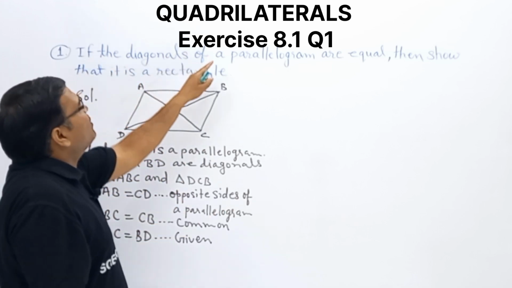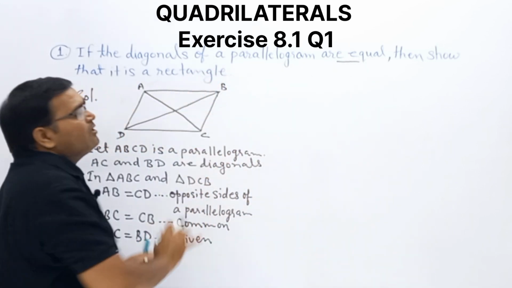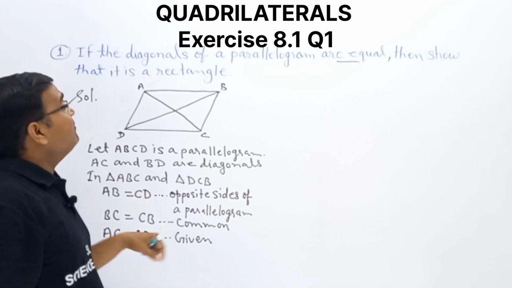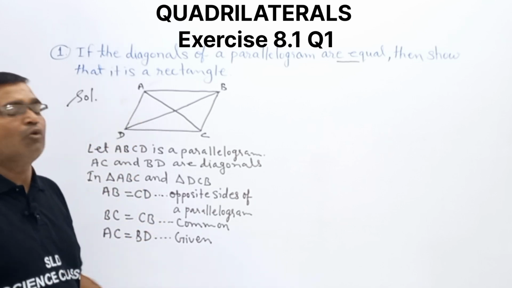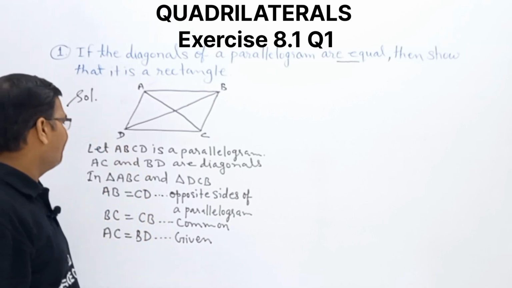If the diagonals of a parallelogram are equal, then it is a rectangle, which is what we want to show.